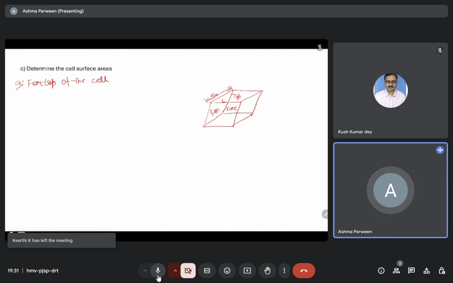So this is the cell. This is the length of the cell. The vertical one is the height, and the line going inside the screen is the width, which is 5 meter, and the height is given as 3 meter. For the top of the cell, the surface area will be width into length.